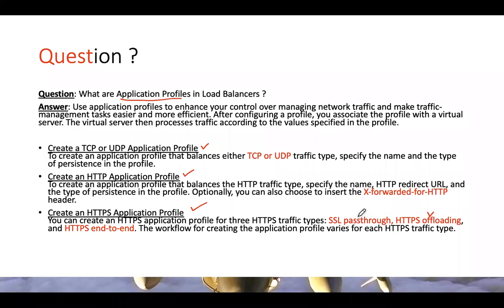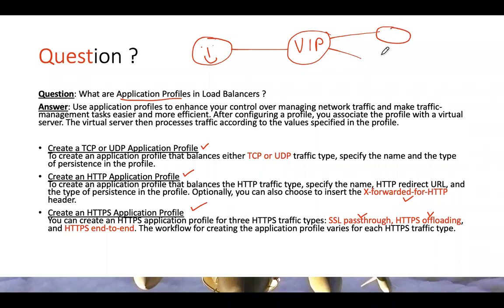and even X-Forwarded-For. I think you guys know what that is: a user is trying to access a VIP on the load balancer, and the load balancer changes the source IP of the user and translates it with its own IP.